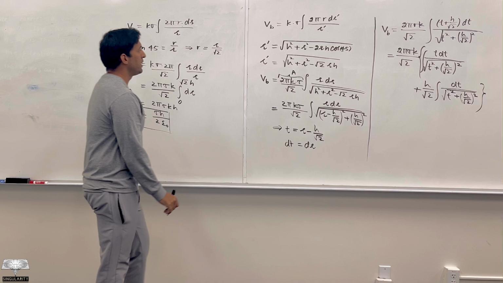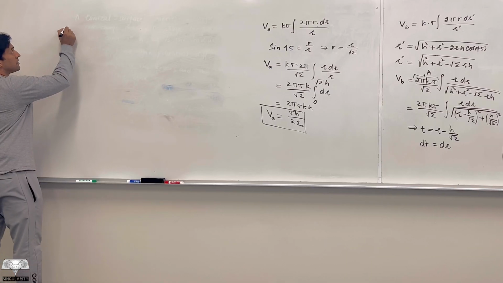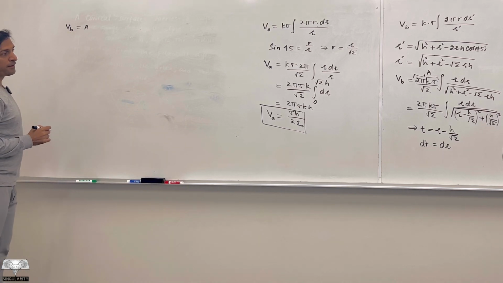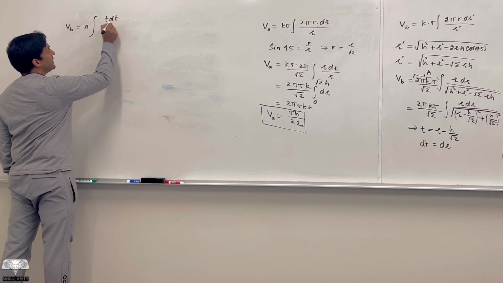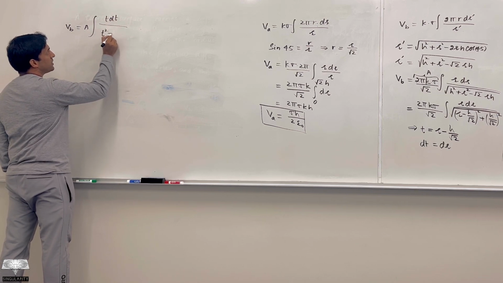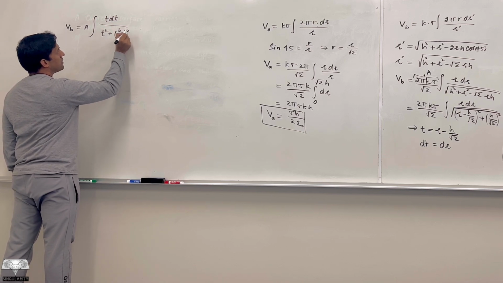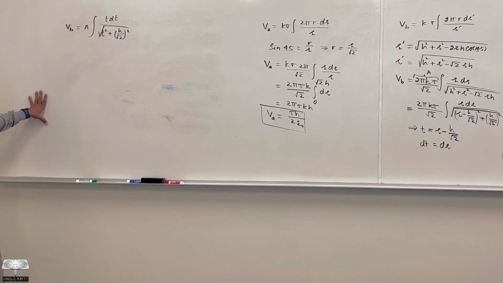So the first integral, this is VB equals a times R dR, which is t dt divided by the square root of t square plus (h by square root 2) square. Yes, this is correct.